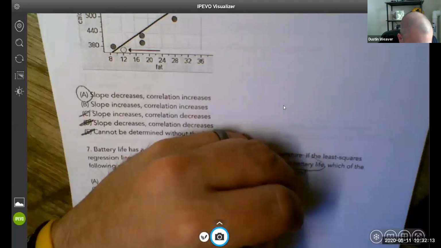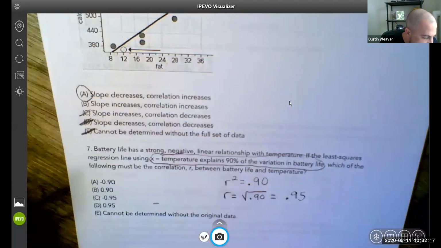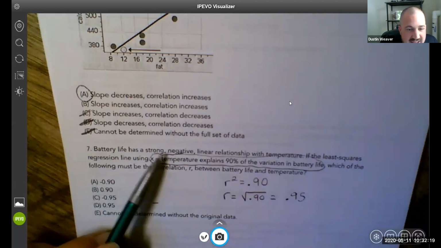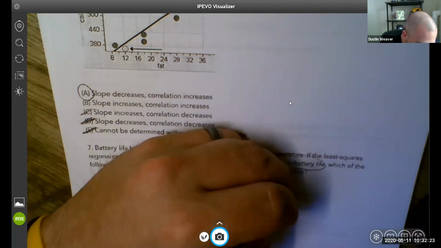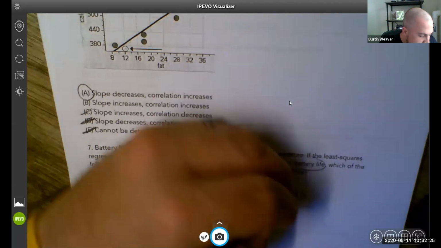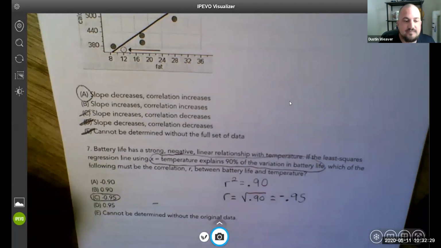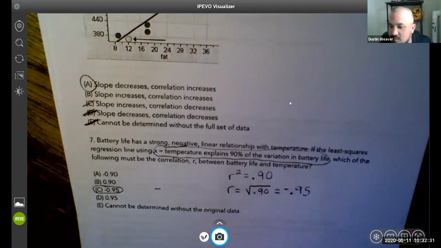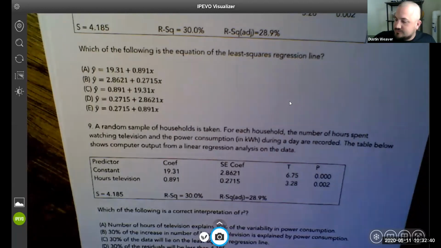However, if you notice, it says battery life has a strong negative linear relationship. So our correlation must be a negative 0.95. And that is C. That's number 7.